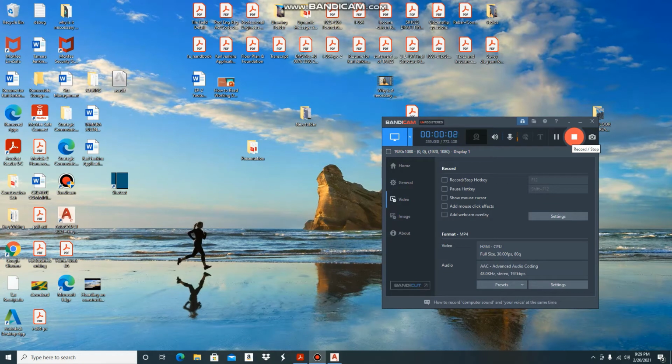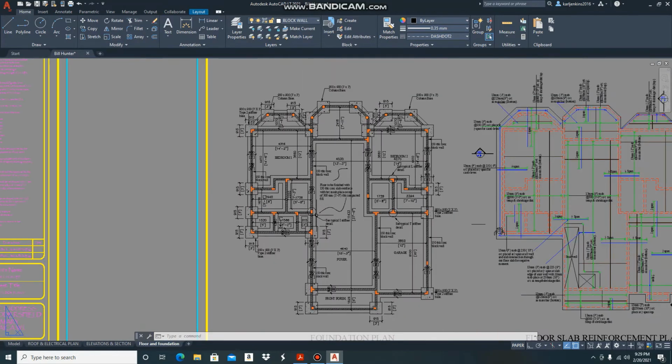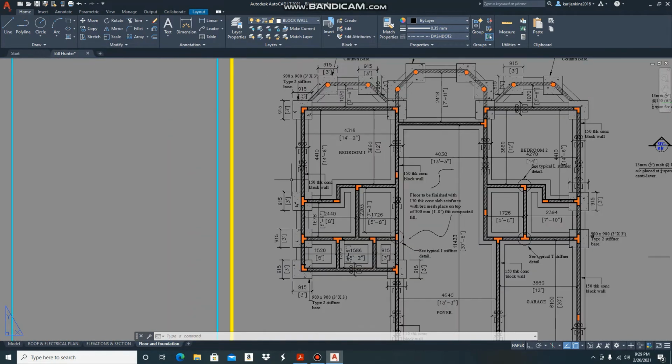Welcome again to this aspect of my presentation, and I'm going to be moving right into reading your foundation plan. So as you can see now on my screen is the foundation plan for this building.